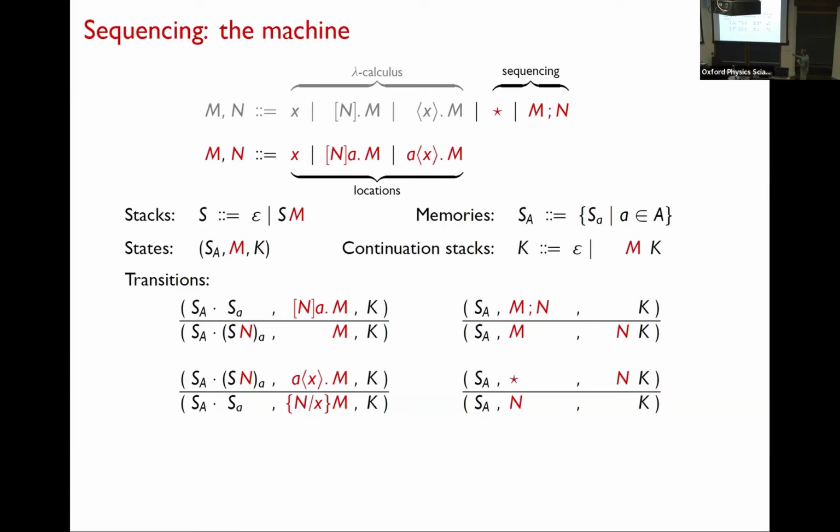So sequencing pushes the second term onto the continuation stack, skip pops and evaluates. Standard, but note how these stacks, the memory and the stack, are orthogonal, they're independent. So you can add these things in a modular way.